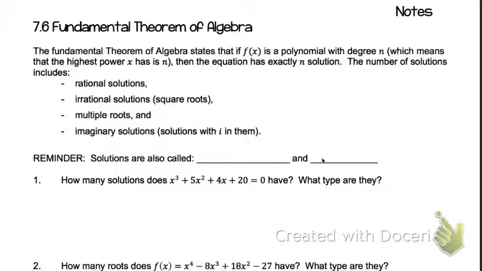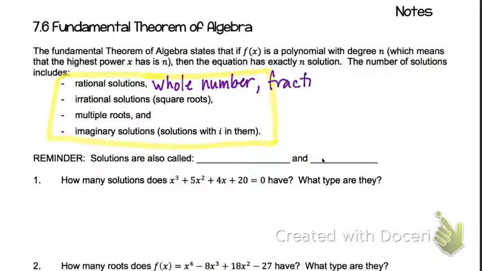But we're going to be able to look at a polynomial function and decide how many roots, how many of those, and what types they are. So here are all the different options. If you have a rational root, what that means is any whole number or fraction. So any whole number or fraction is considered a rational root.